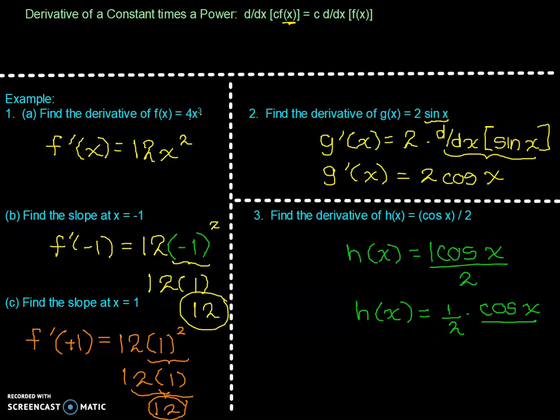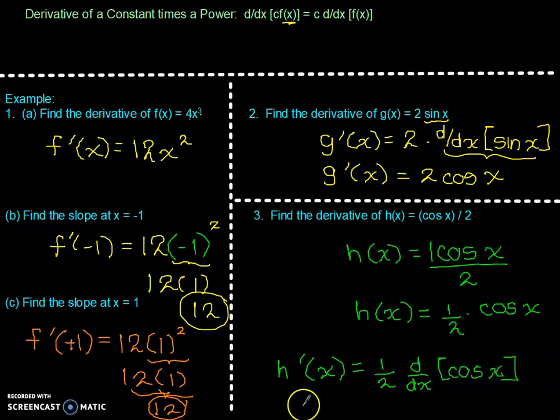Now, with that, I can start to find the derivative by moving the constant out and only taking the derivative with respect to x of cosine of x. And if you guys took the screenshot, the derivative of cosine of x is negative sine of x.